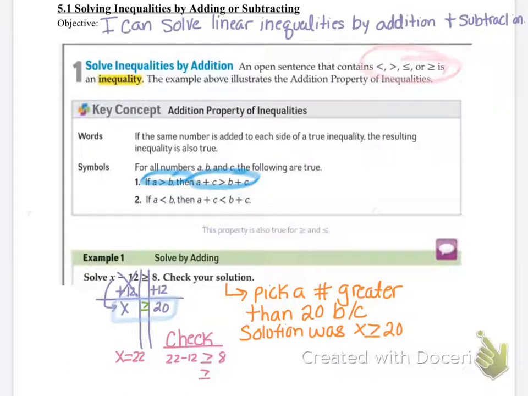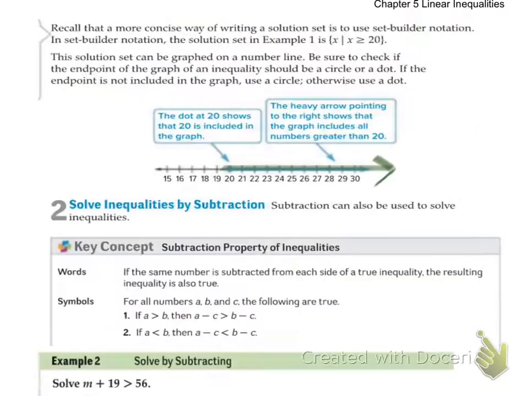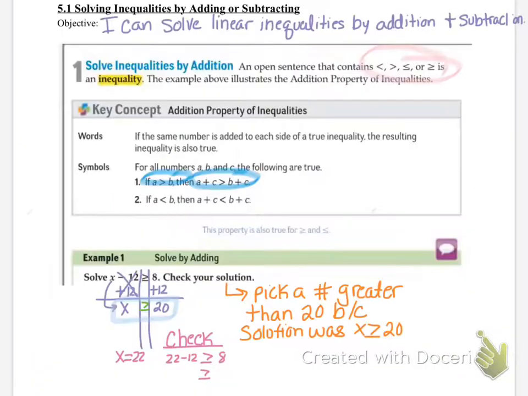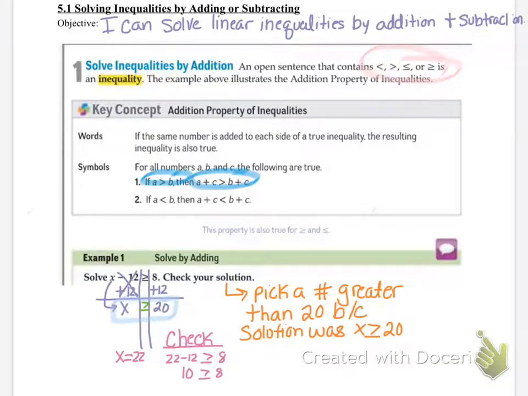I bring down my sign because I'm just simplifying here, not solving anything. Then I get 10 is greater than 8, and that is a true statement, so I can say yes, that was solved correctly.